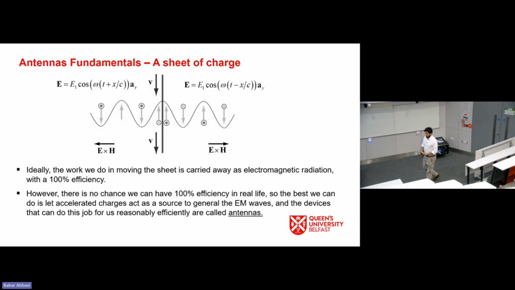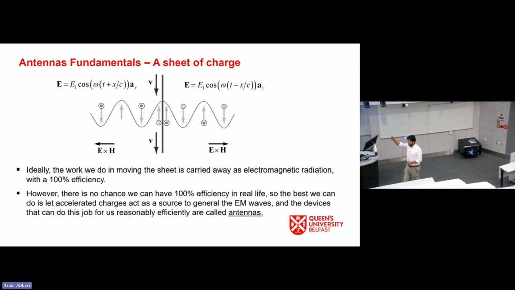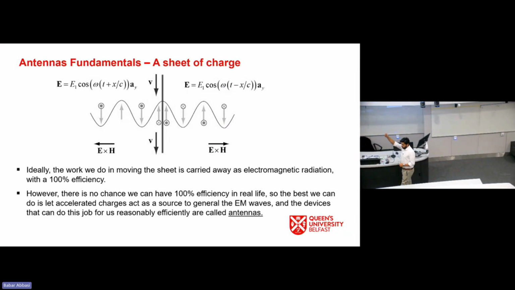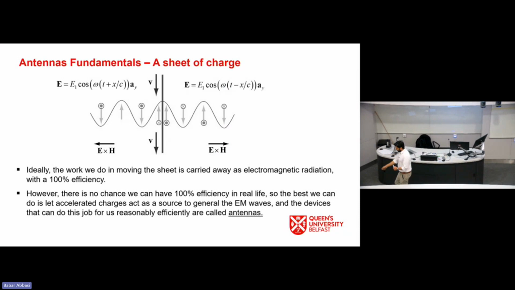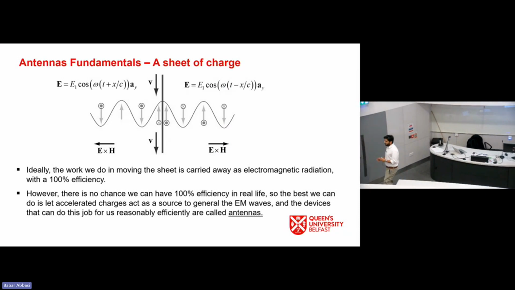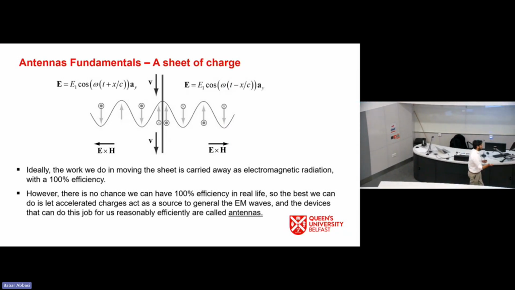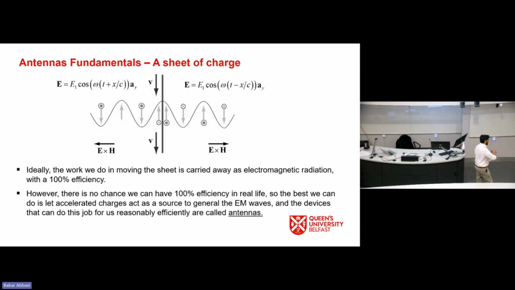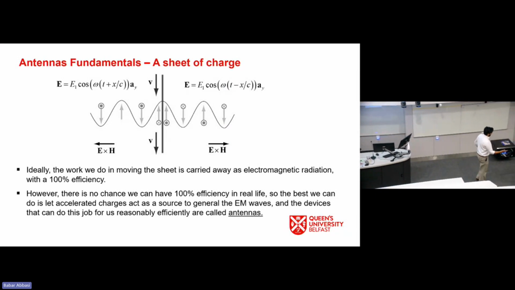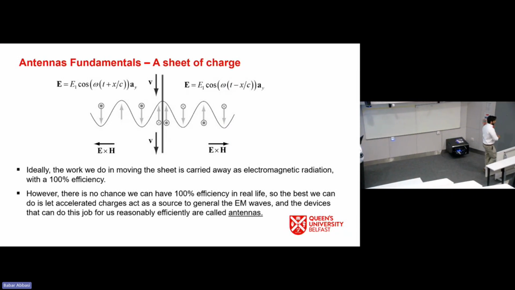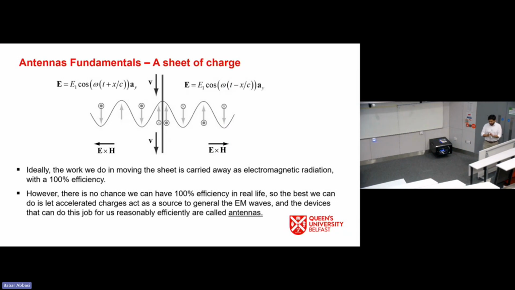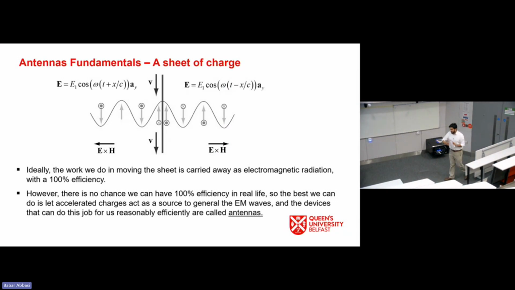If we move that sheet of charge from one point to another at a velocity v, there will be a variation in electric field, and because of that variation in electric field, there will be time varying magnetic flux density. The time varying magnetic flux density will then produce electric field, and so on. That variation will propagate through free space.